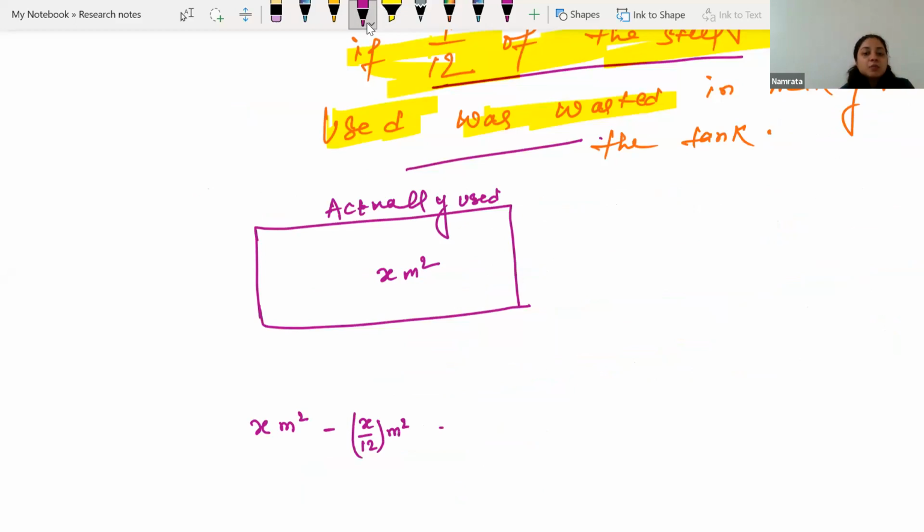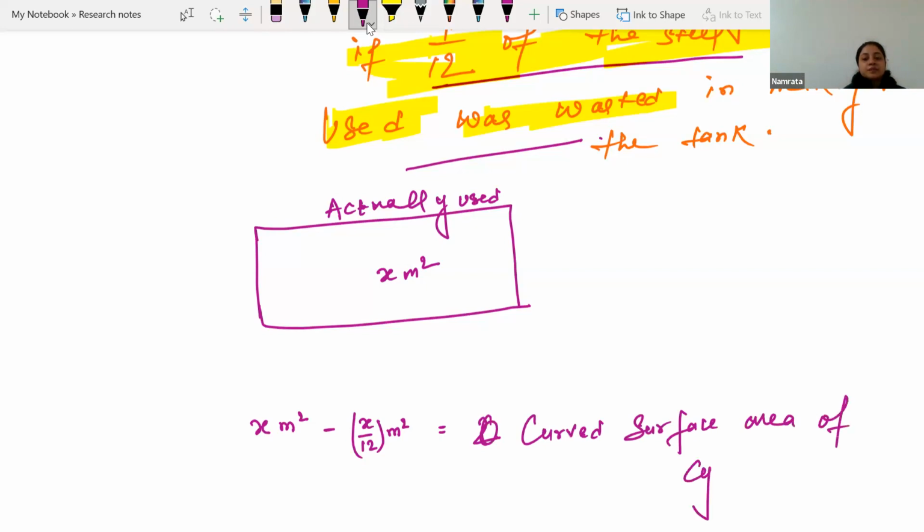The remaining portion we have taken to cover the curved surface area of the cylindrical tank. The cutout portion, just exclude it. X I have bought, x by 12 gone to the cutout portion, and whatever remaining I have got, that I have utilized for covering the curved surface area of the cylinder, is equal to the curved surface area of the cylinder.